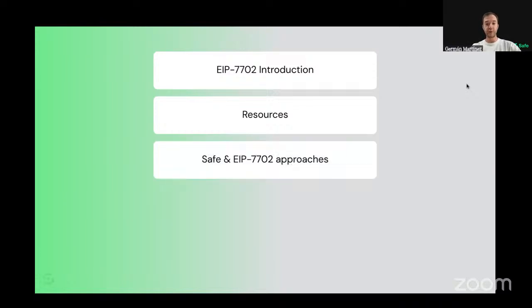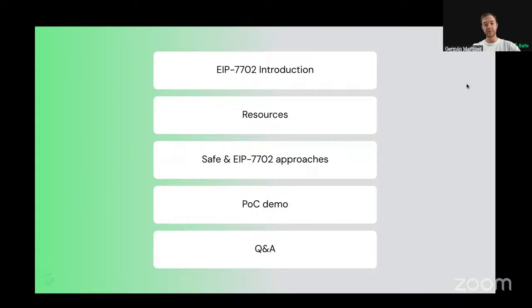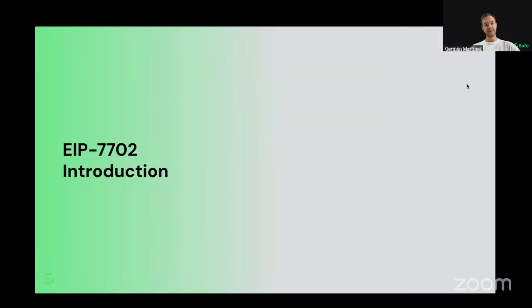Then Akshay will share the different approaches, three that he was working on, for how SAFE can support this EIP-7702. He was also working on a proof of concept demo, so we can see an example application and how it works, and also go through the smart contract changes that are needed in these different approaches. And finally, we will have a Q&A session where you can ask questions, or share suggestions or feedback you have. So let's start with the introduction.